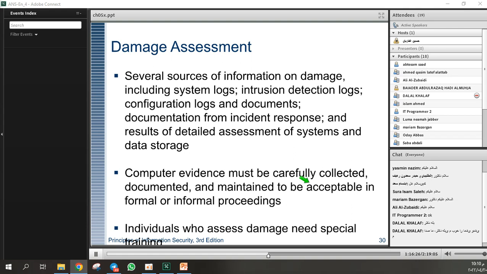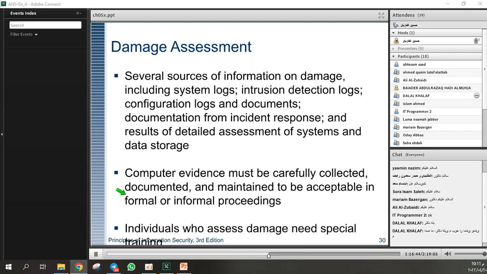Everything must be collected carefully and documented and maintained. Why? Because maybe in the future we need them.